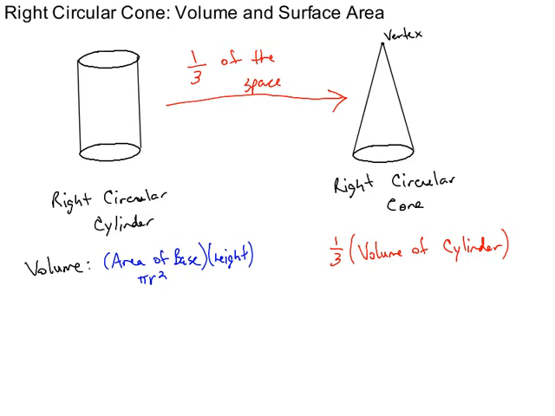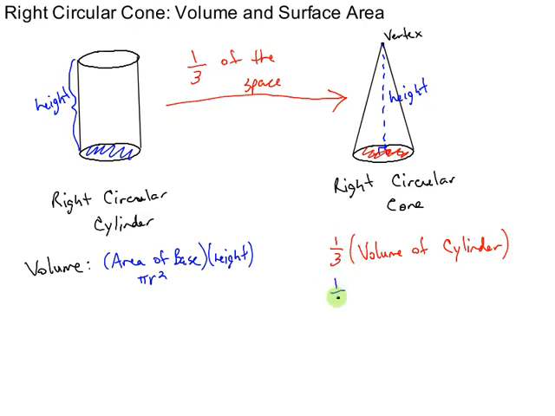So notice here, the height of a cylinder is measured right here, and the base is here. Well, over in the cone, the height is measured from your vertex down to the floor, and I built it so that the height of the cone is the same as the height of the cylinder, and the bases are the same, so the areas of the bases are the same as well.